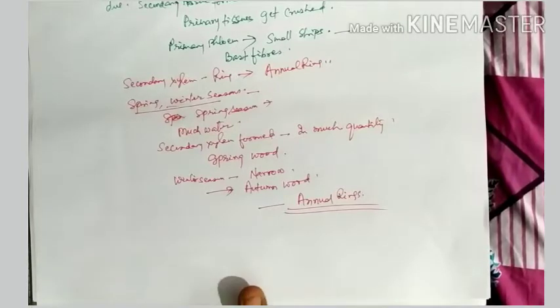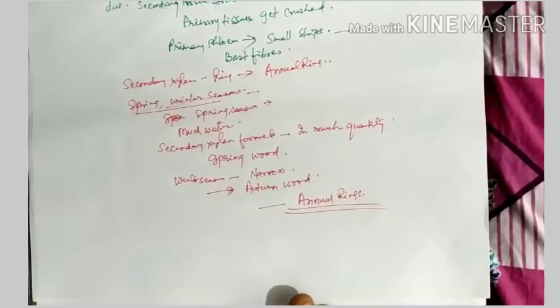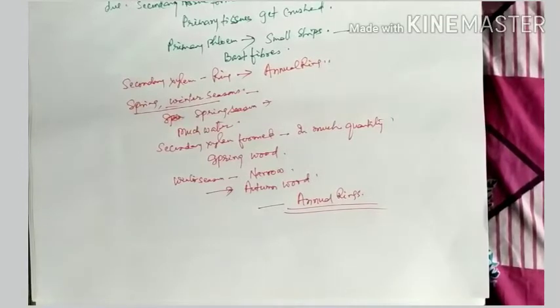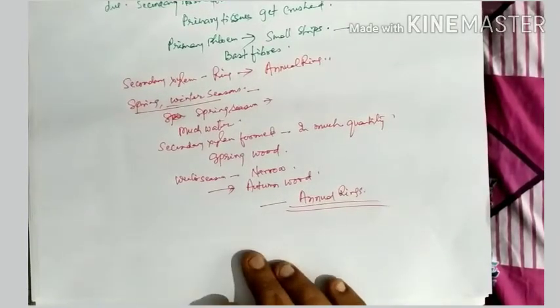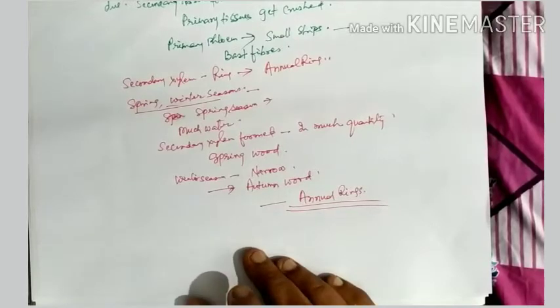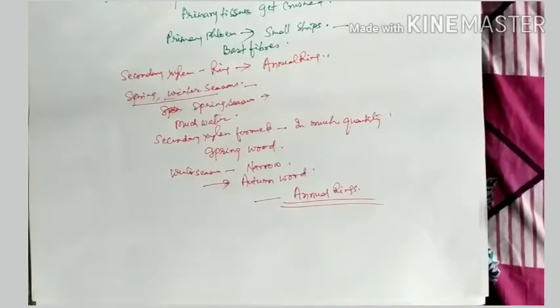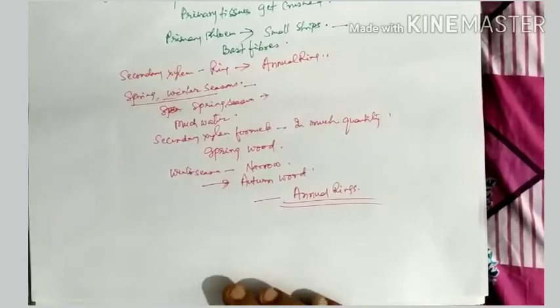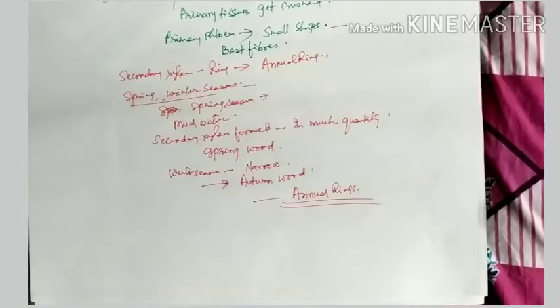So by counting the number of annual rings, we can easily estimate the age of a plant. Of the two rings, the autumn and spring wood, one is generally visible and the other is faint, so together one annual ring is found.